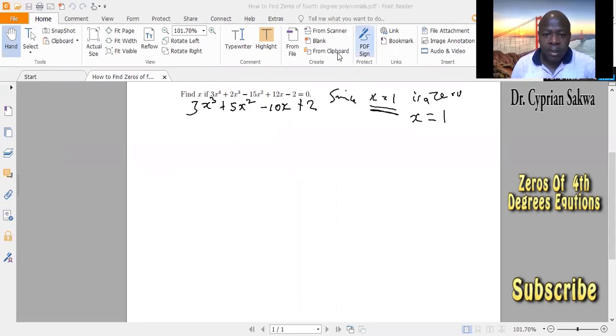So just as we did last time, let this one be x minus 1, and let us divide it into 3x raised to 3 plus 5x squared minus 10x plus 2.